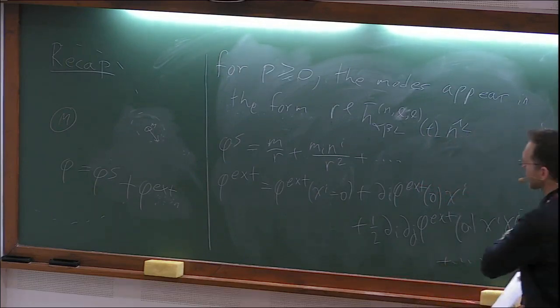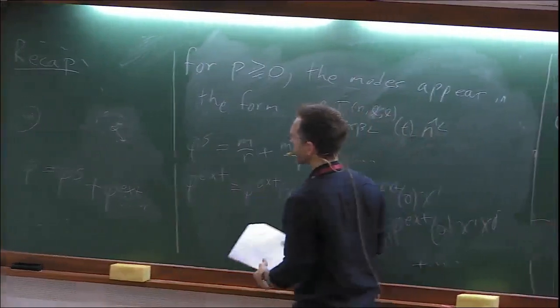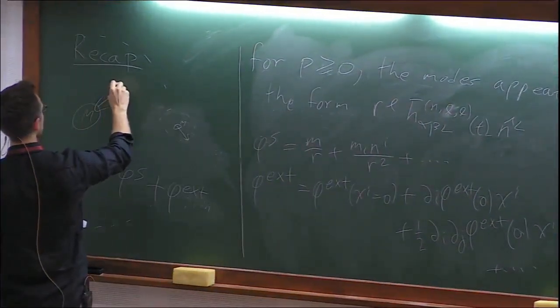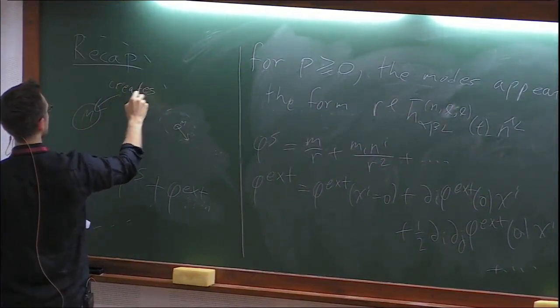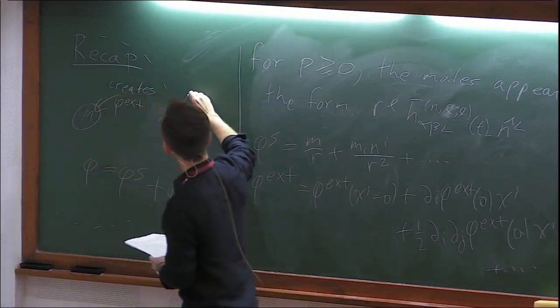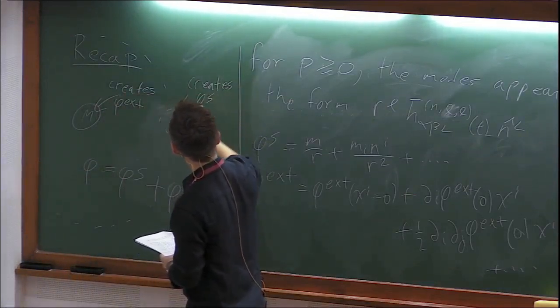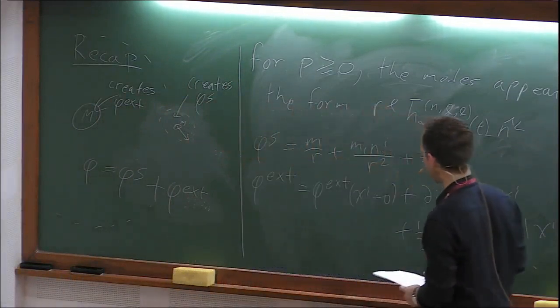So you just perform a Taylor series of the external field. The external field is created by this big object, and the small object creates what we call the self field in the neighborhood of the small object.